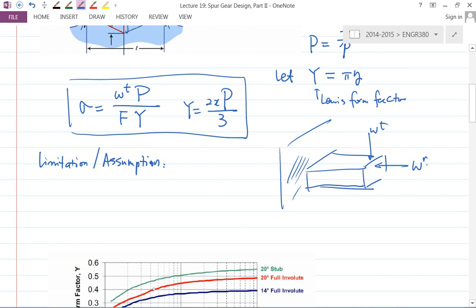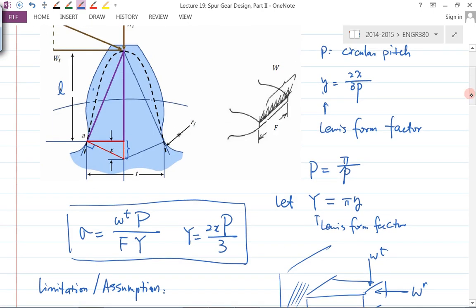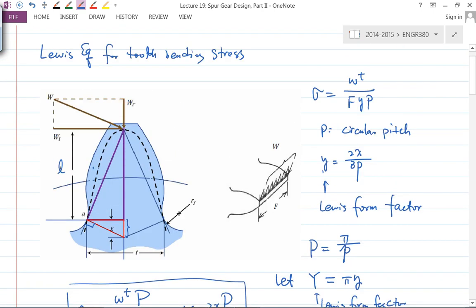But the Lewis equation, you look at this one here, it didn't consider this Wr. It actually neglected Wr. Would that be good or bad? Would that make it more conservative or less conservative? Let's put it this way, would neglecting Wr make the bending normal stress bigger or smaller?